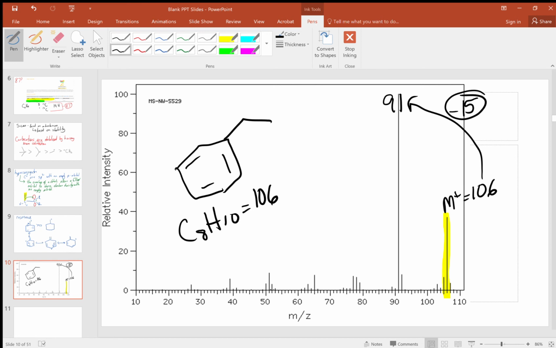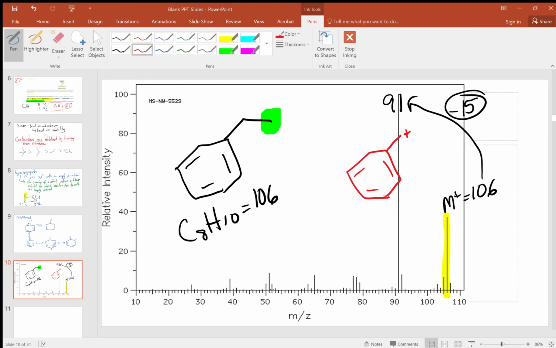Well, where can we lose a methyl? Well, in this molecule, there's only one methyl group that we can lose. And so if we lose that methyl group, we get this carbocation that you can see is actually the same one we talked about on the previous slide. It's a primary carbocation, so that would suggest to us that it's not very stable.